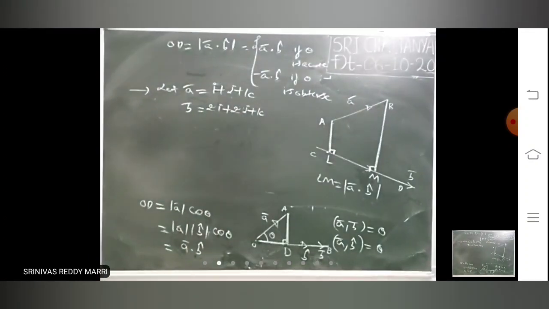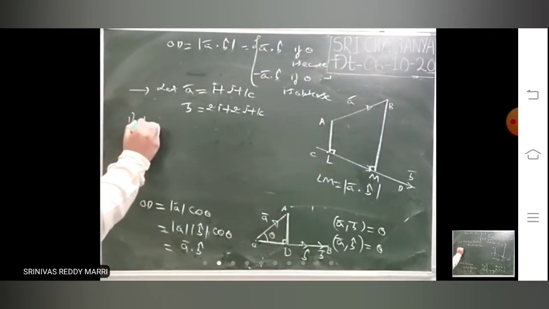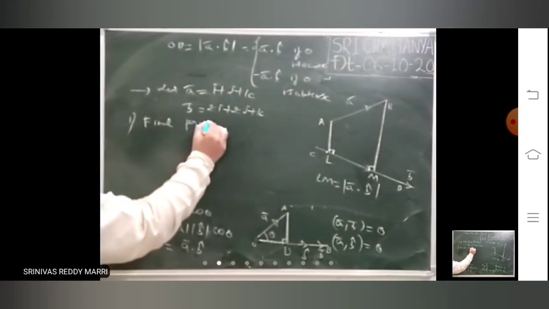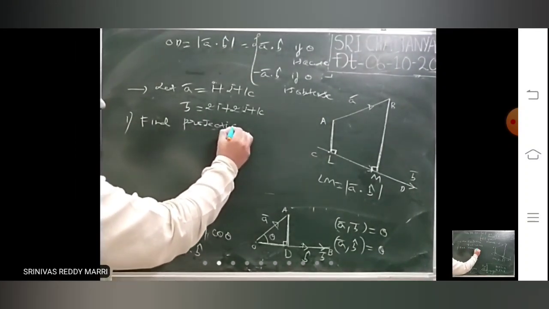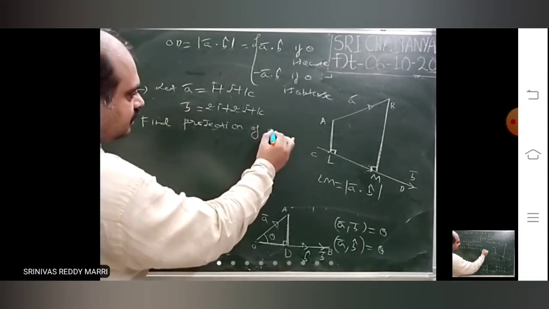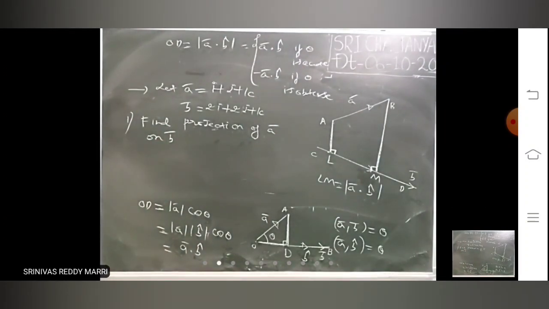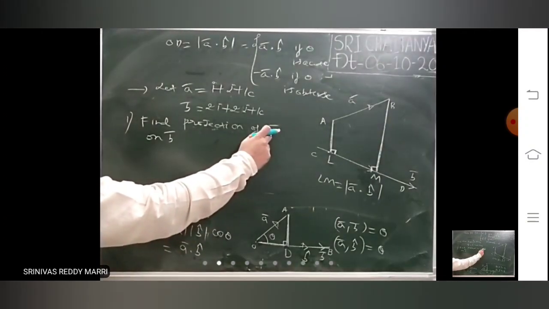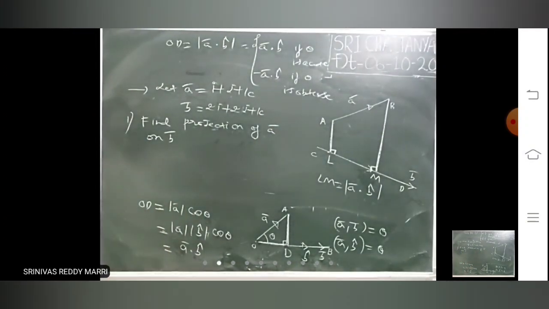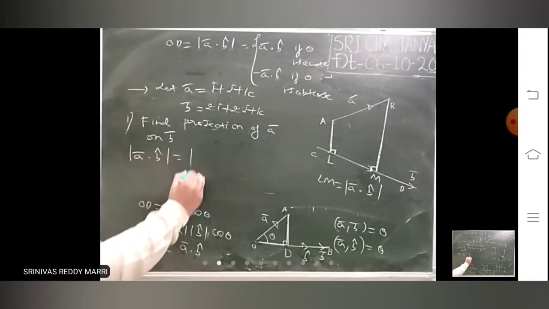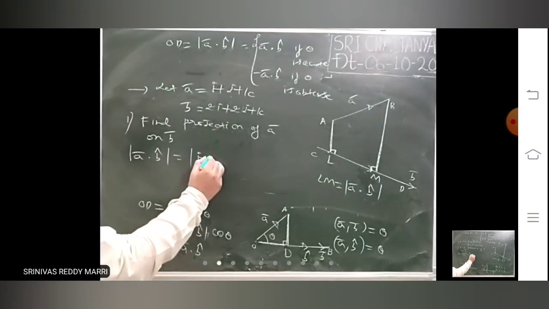Let us say two vectors are given. Number one, find the projection of A bar on B bar. That means the first vector is A bar. Always take the first vector A bar, second vector B bar. What is the formula? Modulus A bar dot B cap.